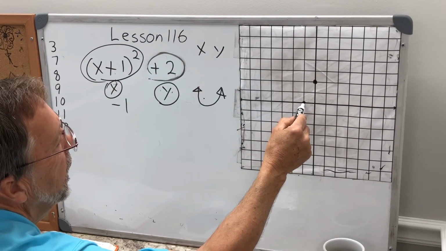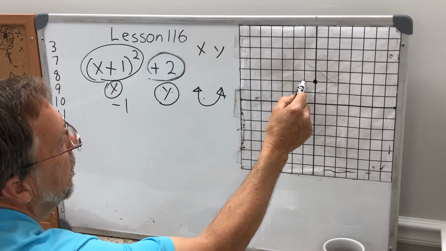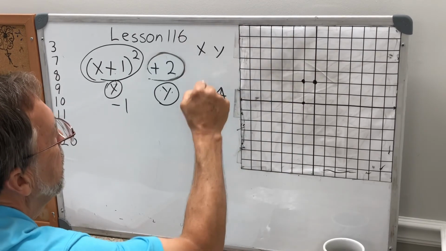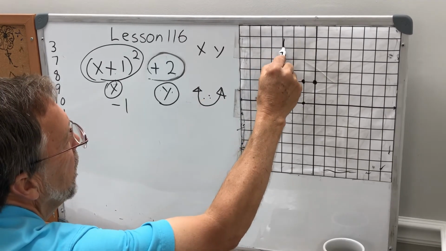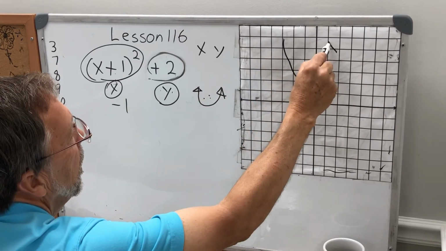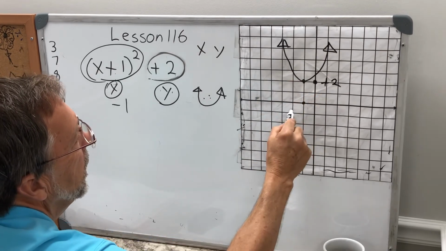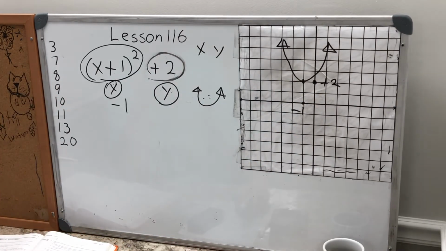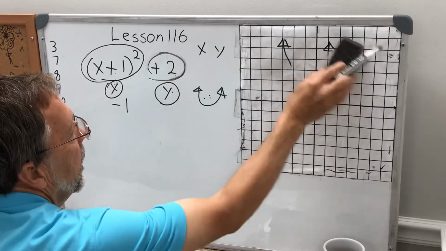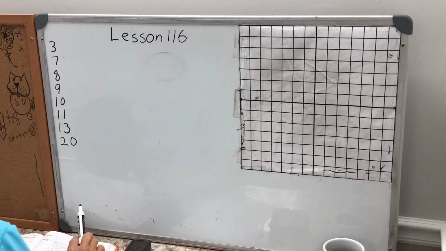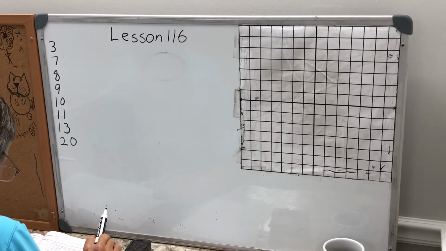We have -1 and a +2, so it's going to be right here, and using this sketch, we come down right at this point, and if you would, put +2 here and a -1 here on that sketch. Understood? That was a new dimension for us this morning. That is on number 13.